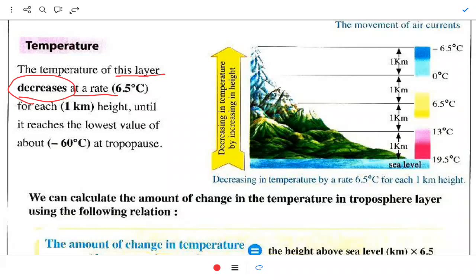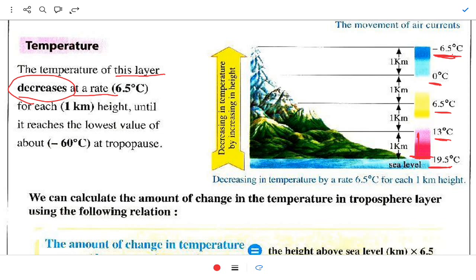The temperature at sea level in this figure is 19.5, and when we move 1 kilometer it will decrease by 6.5. 19.5 minus 6.5 equals 13, and then 13 minus 6.5 equals 6.5. 6.5 minus 6.5 would be 0. 0 minus 6.5 would be minus 6.5.